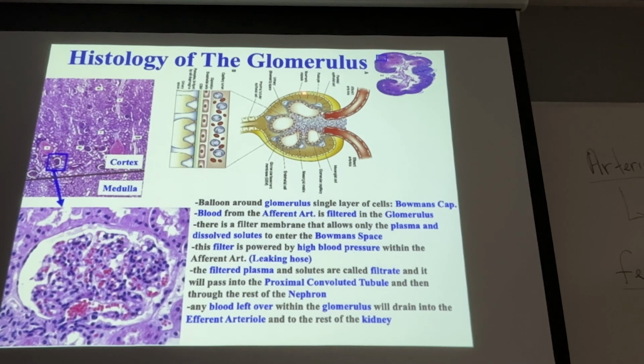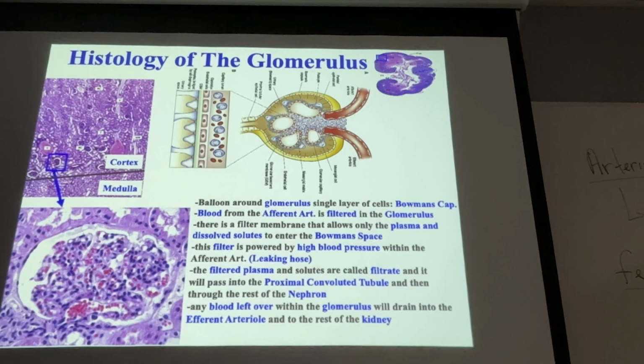The outer layer is simple squamous epithelium. If you remember in your histology section, I told you to go look at Bowman's capsule in order to see simple squamous epithelium in your histology slides. So the outer layer of the balloon, which is collecting the urine, is a simple squamous epithelium with really nice tight junctions, and it collects the urine that's filtering out of the glomerulus.